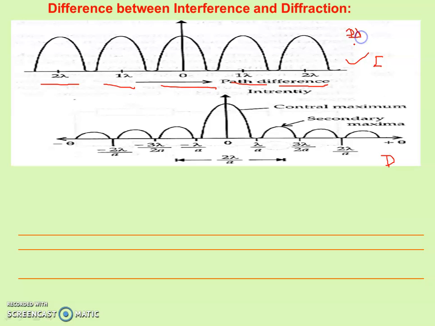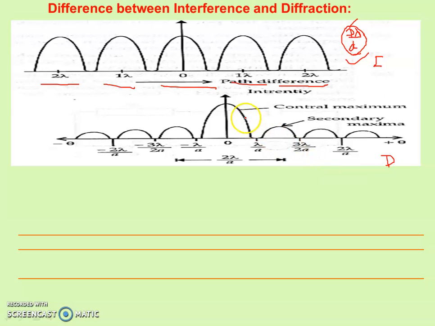This capital D means the distance between the slit plane and the screen, and small d is the distance between two slits, right? So this is the fringe width of each fringe of the interference pattern.